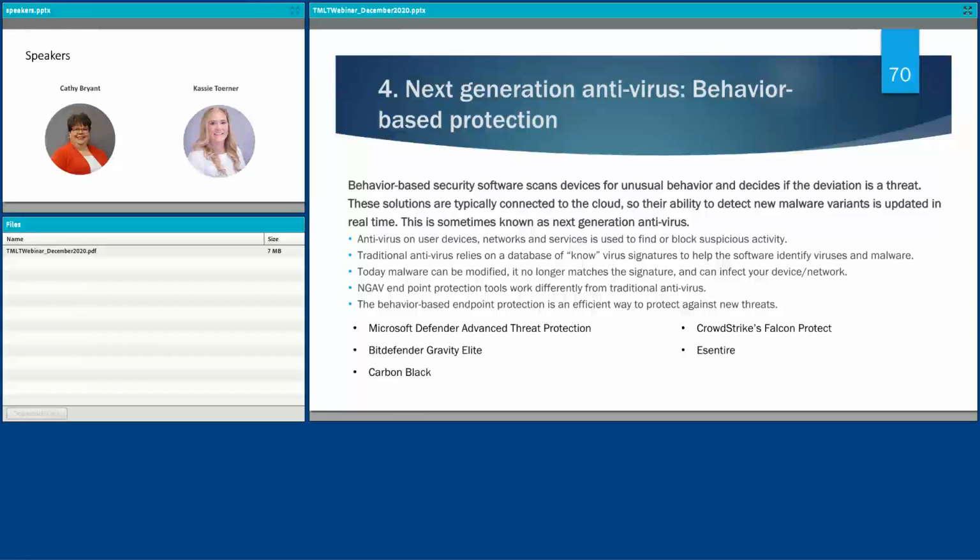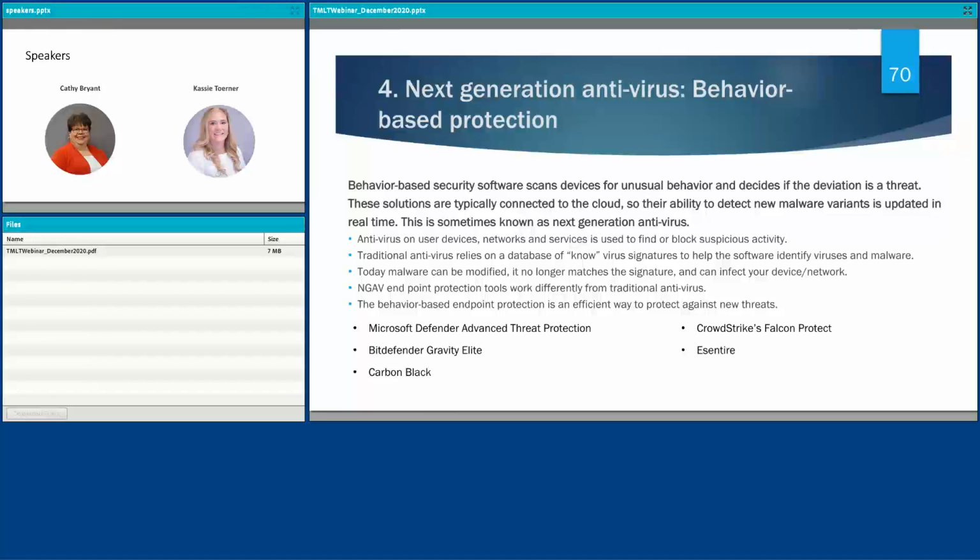The last is next generation antivirus based protection. This is really a more sophisticated approach to protecting your network, because we know that traditional antivirus is only developed when there is a known virus signature.